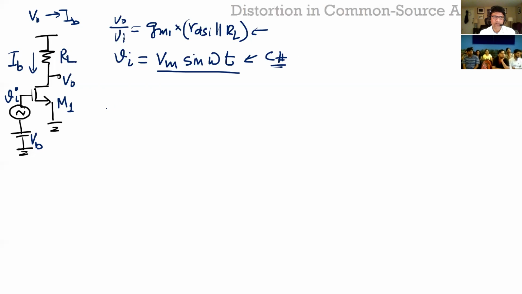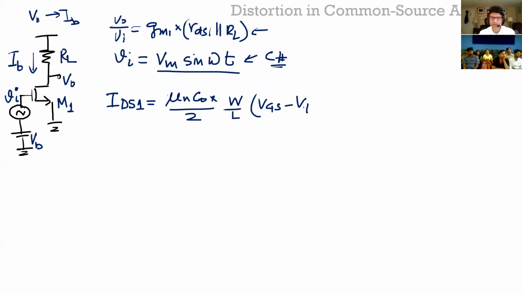If that's the case, and now I want to write the entire expression, I can write Vout, but the only thing which is nonlinear is actually the drain current IDS1, assuming that even though the signal is large, you're still in saturation. It may not be, but I'm making that assumption, which in most cases holds. In saturation, that's your equation, which is VGS minus the threshold voltage squared.